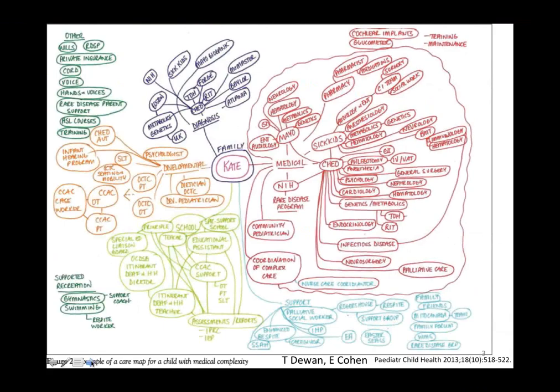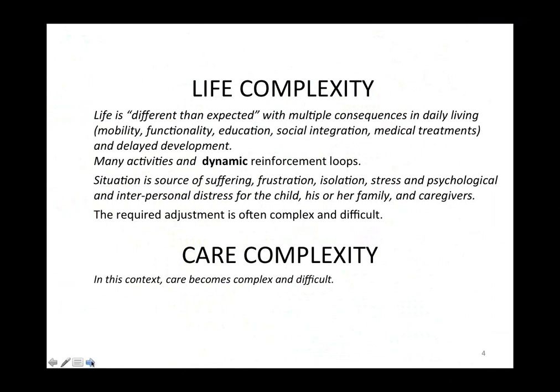And this is another one published by Tammy Dewan and Ea Cohen, recently in 2013. Overall, we could have as many pictures like these as we have children and families. Each family is unique and has unique difficulties.